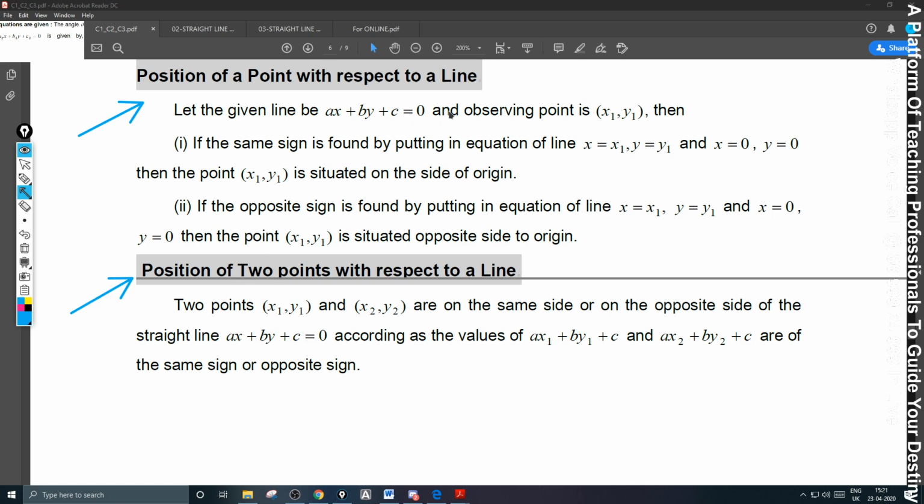Let the line be ax plus by plus c equals 0 and observing the point x1, y1, then if the same sign is found by putting x1 and y1 in the equation of the line as at x equals 0, y equals 0, then the point x1, y1 is situated on the origin side. If the opposite sign is found, then the point x1, y1 is situated on the side opposite to the origin. I'll take an example so that you will better understand it.